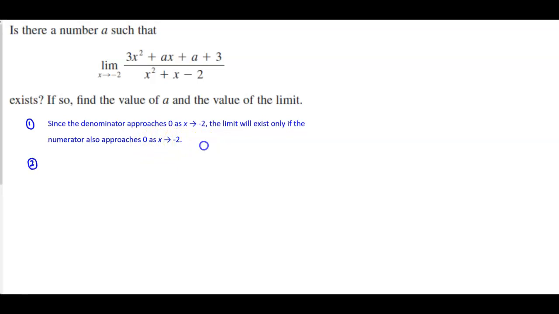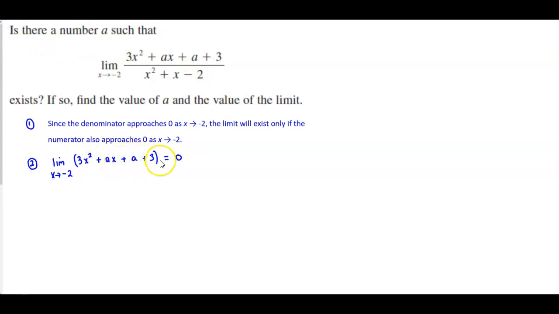So what we need to do is let the limit of that numerator function, 3x squared plus ax plus a plus 3 as x approaches negative 2, equal 0.